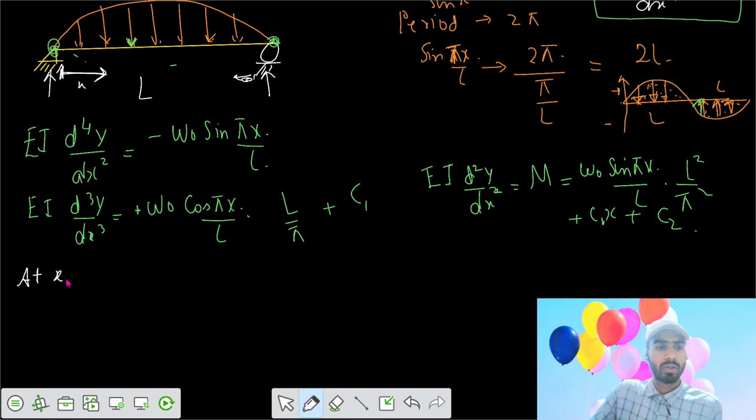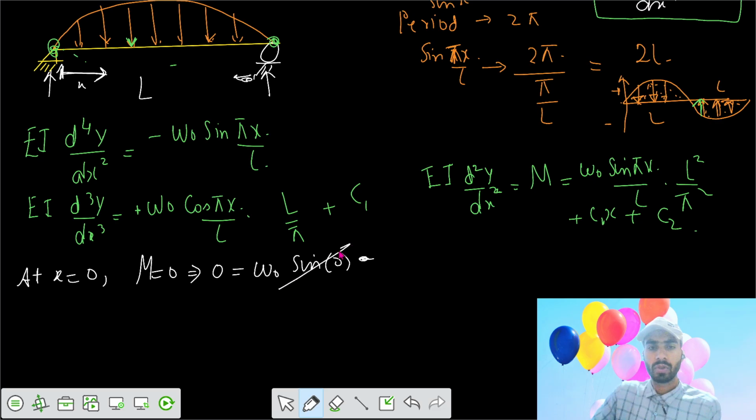At x equals 0, the bending moment is also 0 there. So if you write the equation, 0 equals W naught sine pi into 0, that function becomes 0, then C1 into 0, then C2, which implies C2 is also 0.